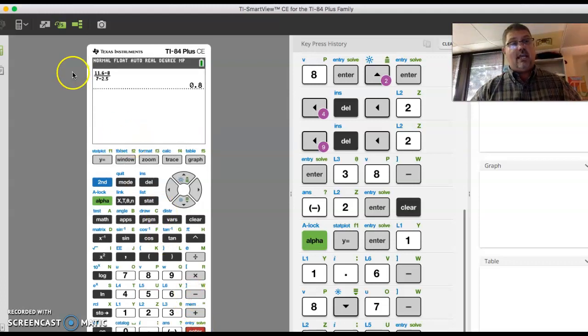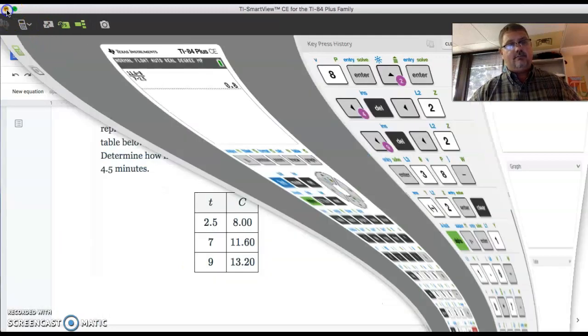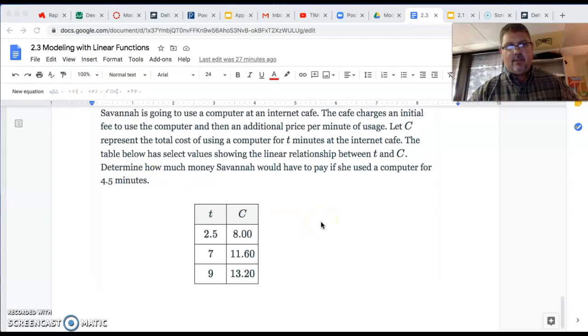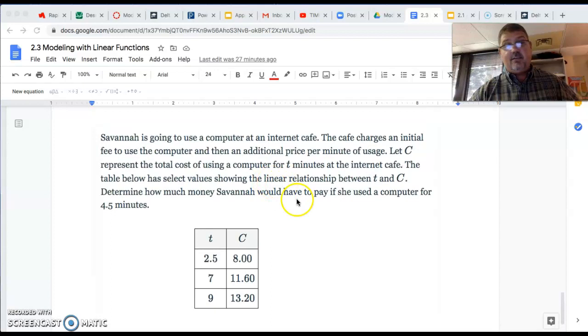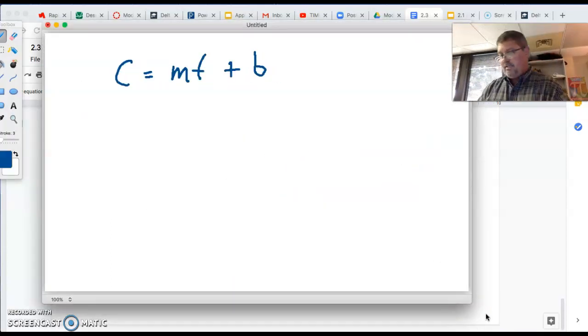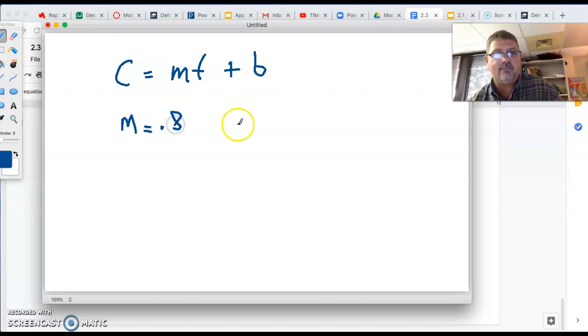So it looks like they're charging 80 cents per minute. Wow. That's what it sounds like, right? With an initial fee that we don't know yet. So what we just found is that m is equal to 0.8.